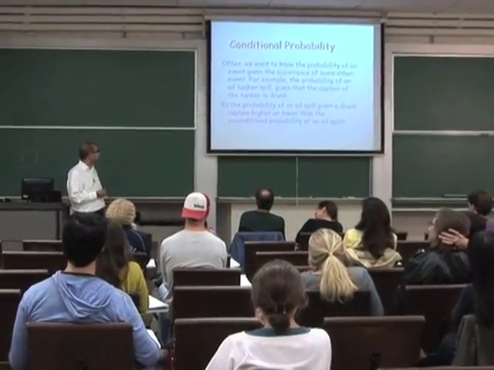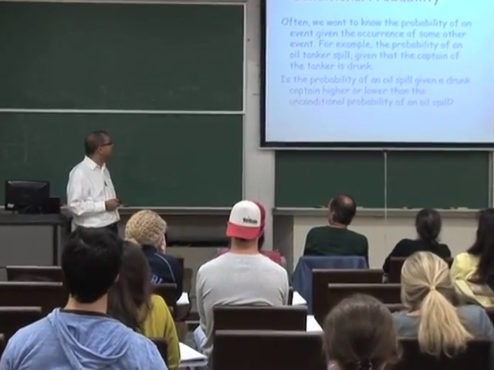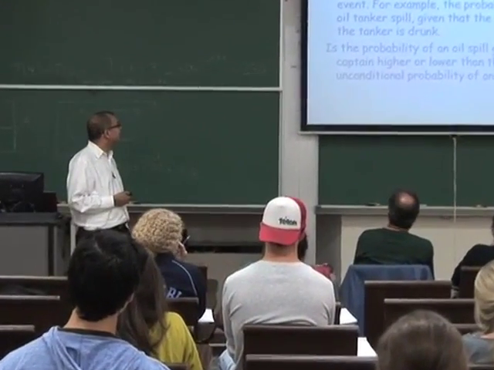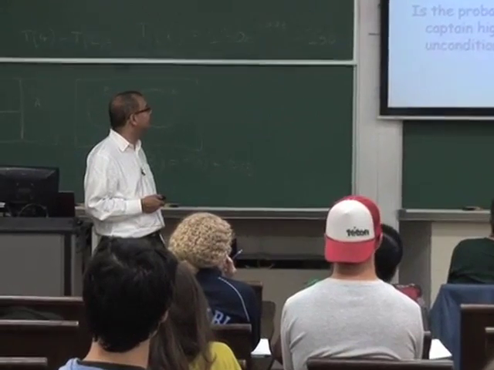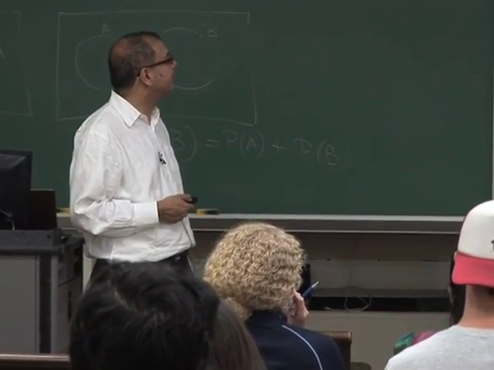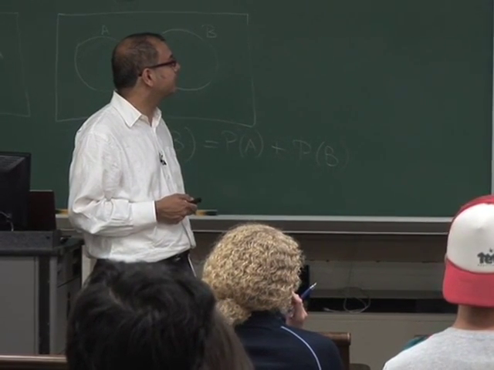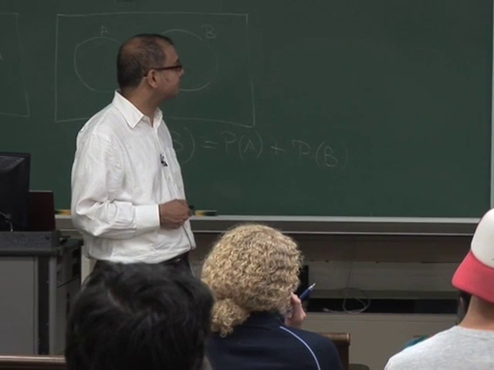Okay, obviously that's different. Oh, here I had a more pertinent example, perhaps certainly not more amusing. Okay, so probability of an oil tanker spill, given that the captain of the tanker is drunk.